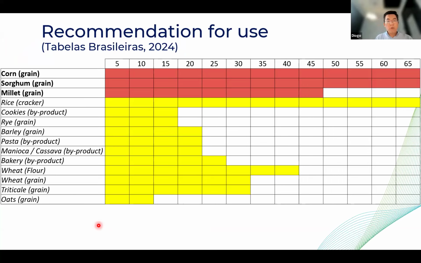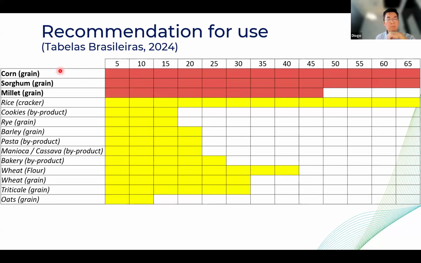Now, based on some quite new information that we have, here we have the information from the Tabelas Brasileiras, the Brazilian nutritional table for poultry and swine, released last year in 2024. If we look at the ingredients, for each ingredient we have a max limit of inclusion.